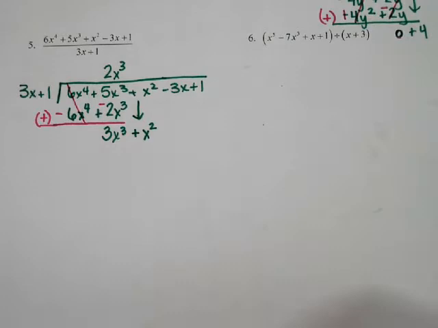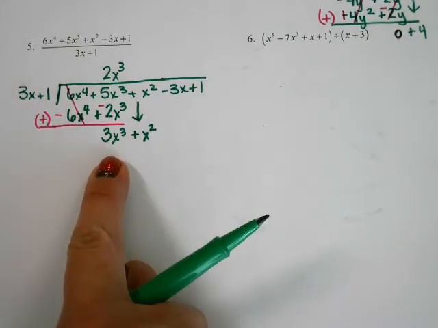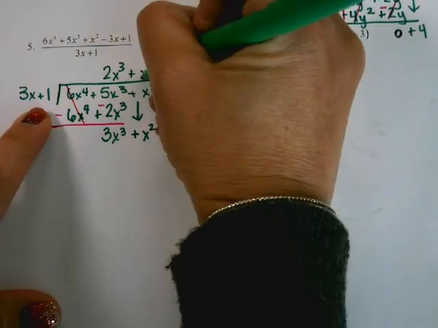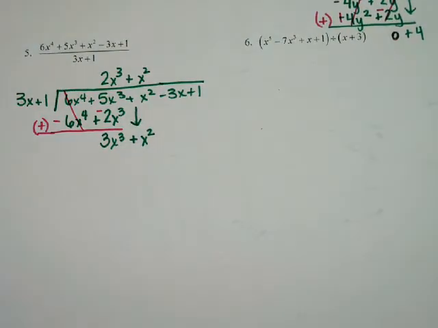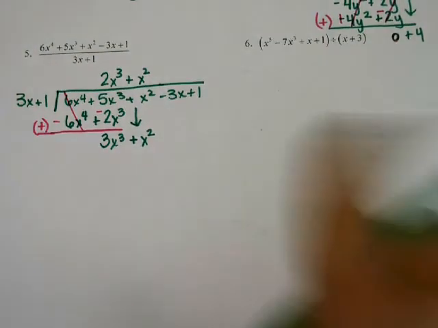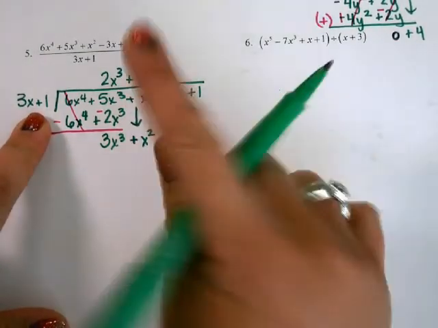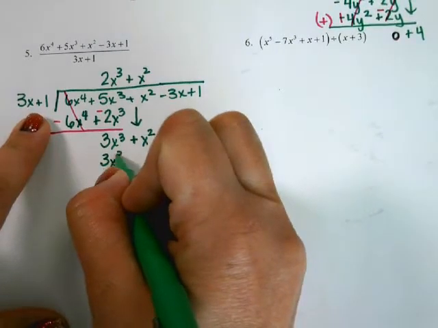Okay, what do you multiply 3x by to get 3x to the 3rd? X squared. Okay, multiply the new guy on top by both things out front. So x squared times 3x gives me 3x cubed.